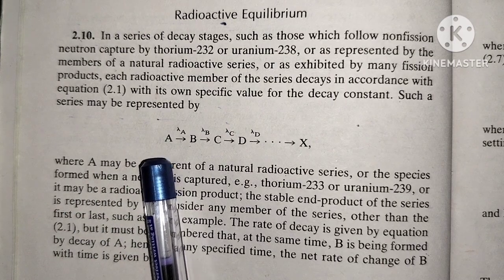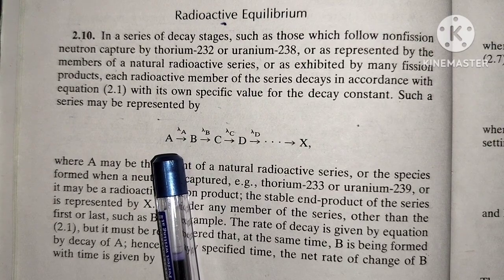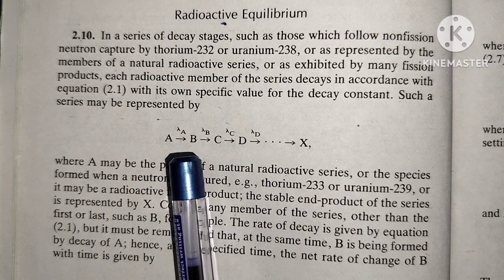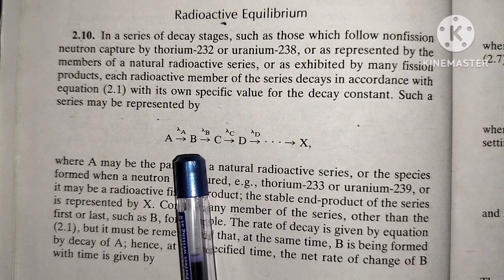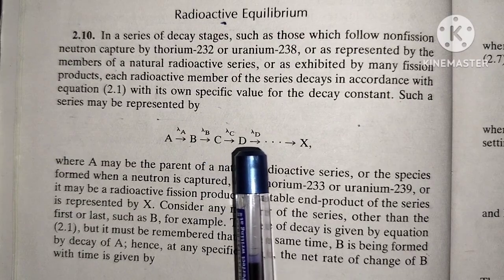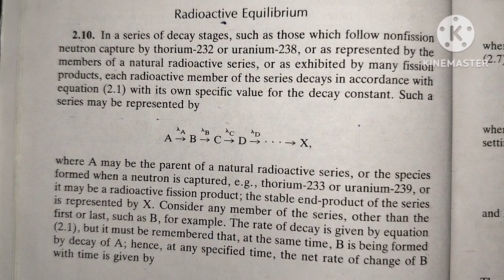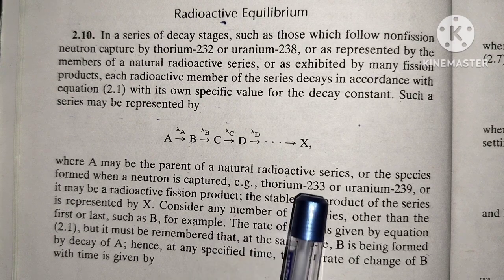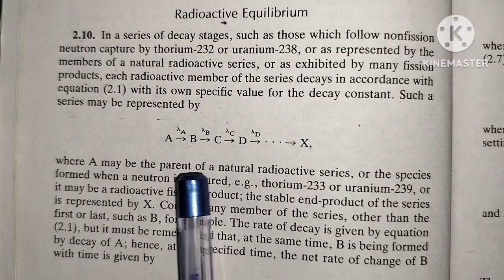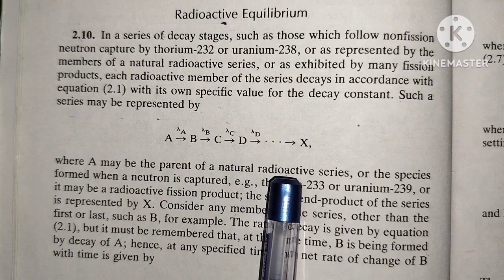This is undergoing beta decay with a disintegration constant λA, and it will convert into B. And B also undergoes decay and converts into C. Similarly, C also undergoes decay and converts into D. Finally, one nuclide is formed, that is X, a stable nuclide. So until it reaches one stable nuclide, these radioactive products are continuously undergoing decay.